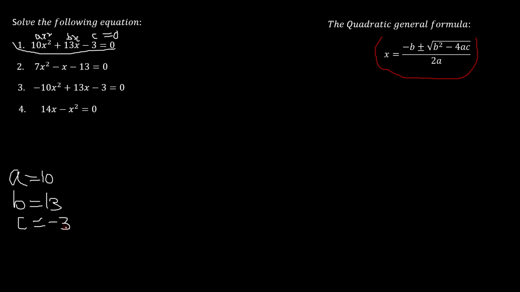Yeah. So now we will insert each in the general formula that I stated earlier. So we said x is equal to minus b plus or minus root b squared minus 4ac all over 2a. So how are we going to insert it in this formula and it will make sense and we'll be able to find the answer? Just watch as I'm doing. So let's do the number 1 question.